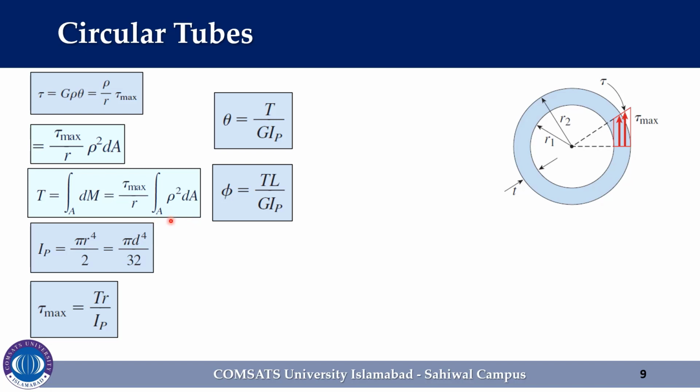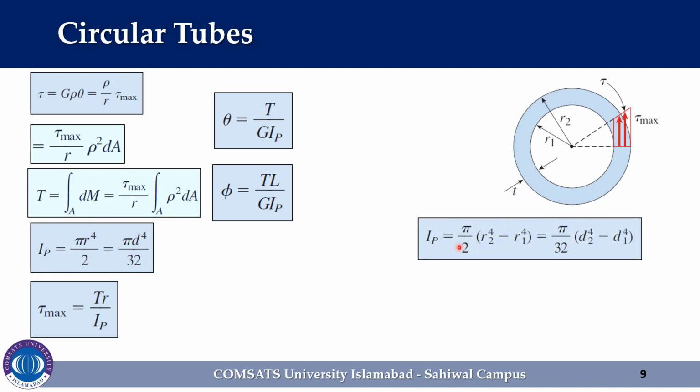However, the polar moment of inertia of the cross-sectional area of a tube, for the case of a circular tube, is Ip equal to pi by 2 times (R2 to the fourth minus R1 to the fourth). We can also express this equation in terms of diameter as pi by 32 times (D2 to the fourth minus D1 to the fourth).